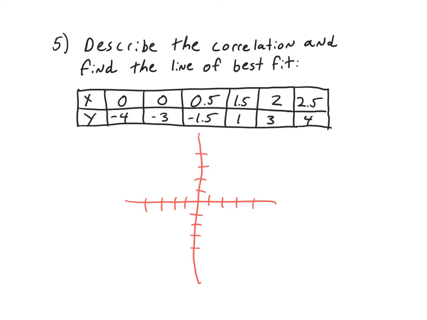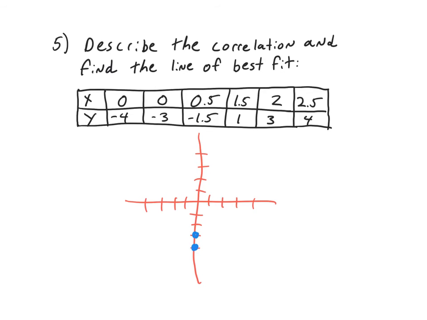Number 5 says describe the correlation and find the line of best fit. So this one we have to do a scatter plot of all these points. So I made an XY graph. So we have x is 0 and y is -4, which is right here. We have x is 0 and y is -3.